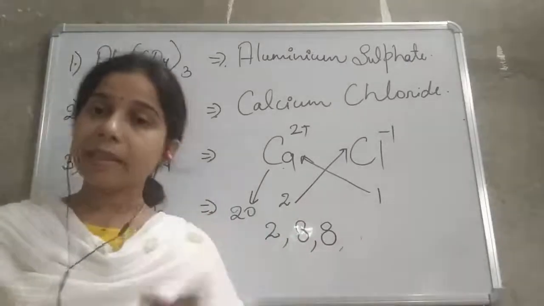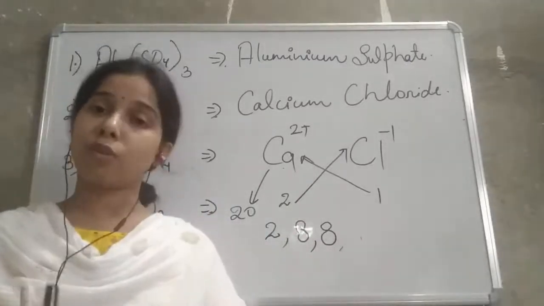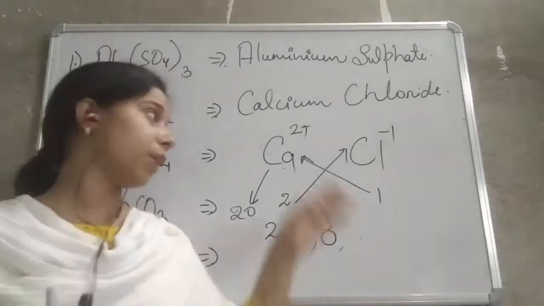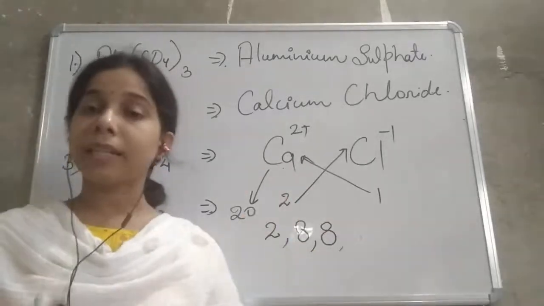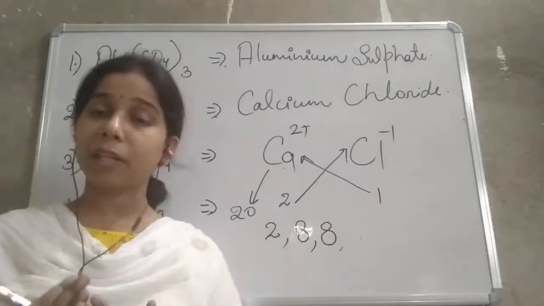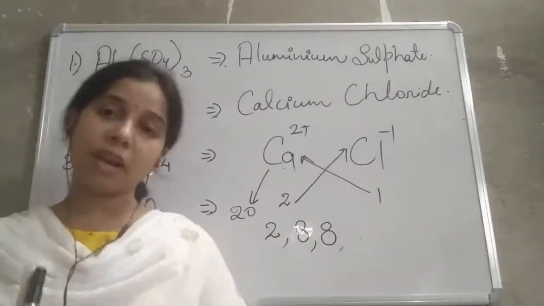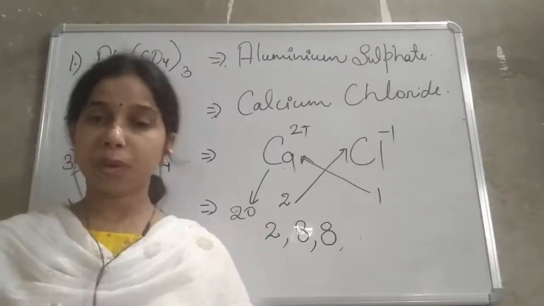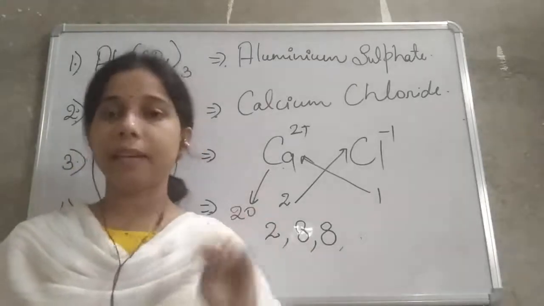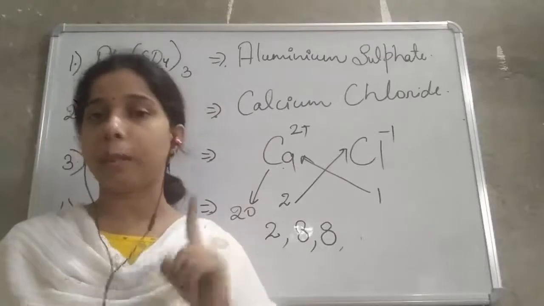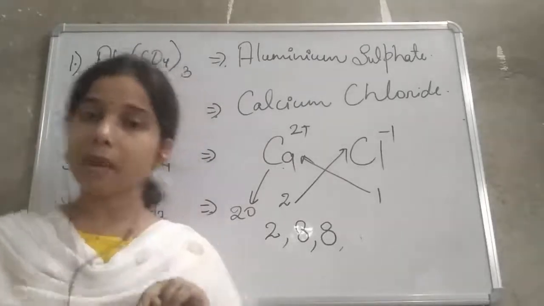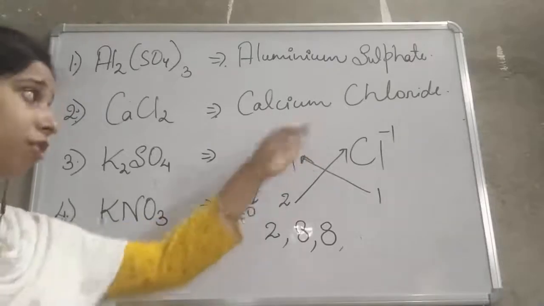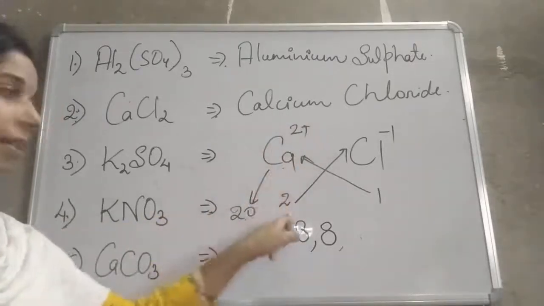So valency is defined as the number of electrons lost or gained by a particular element so that its octet will be completed. It means the last shell must have 8 electrons in it, except hydrogen and helium, which have only atomic numbers 1 and 2. Here the charge is +2. If it is not given, you can write the valency is 2 here.